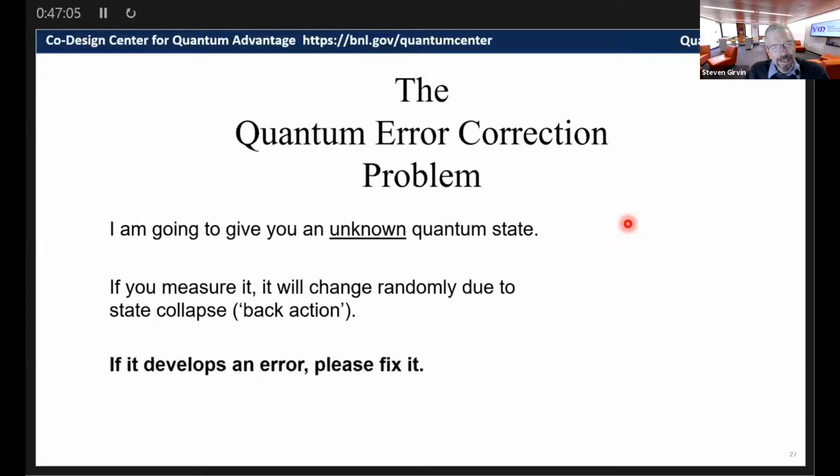And your task is, if it develops an error, please fix it. So how in the world can you do that? But miraculously, it actually can be done. And this same Peter Shor, who invented the factoring algorithm, helped invent quantum error correction.